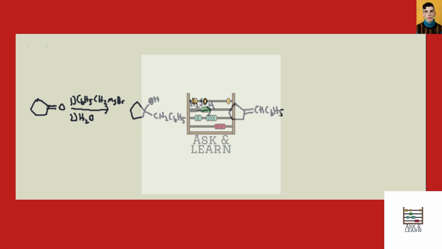C6H5. But again, like part A, what we're going to see is that there's a possible side product as well. So this is tri-substituted, but our potential side product is also tri-substituted. So our potential side product is going to look like this.